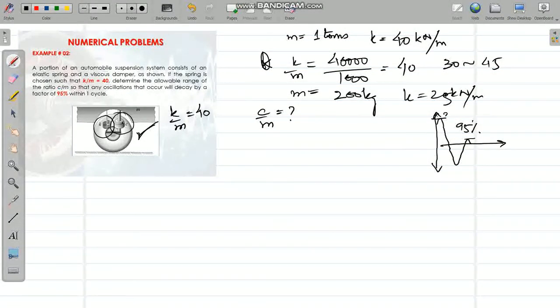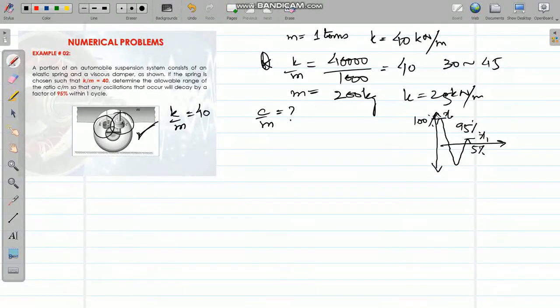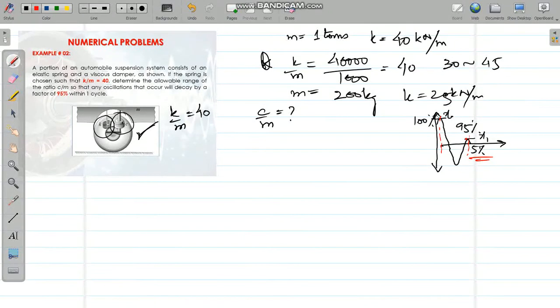If I take this as x0 and this as x1, x0 is 100% and 95% should decay in one cycle, so x1 must be 5%. Again, determine the allowable range of c over m so that oscillations decay by 95% within one cycle, which means if the cycle starts at this point and ends at this point, in the next cycle only 5% amplitude is left.